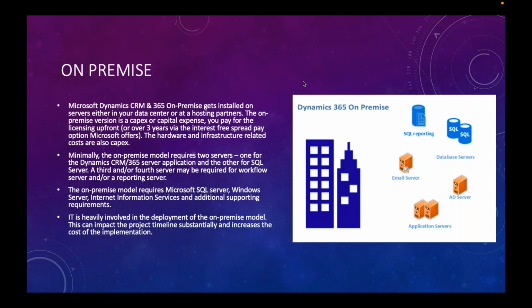So what I was saying is, if you go for on-premise and maintain all these servers on our own, then if the application suddenly stops running, we need to check whether all these services are running or not. We need to connect to the SQL Server and check whether all the SQL reporting services are running.